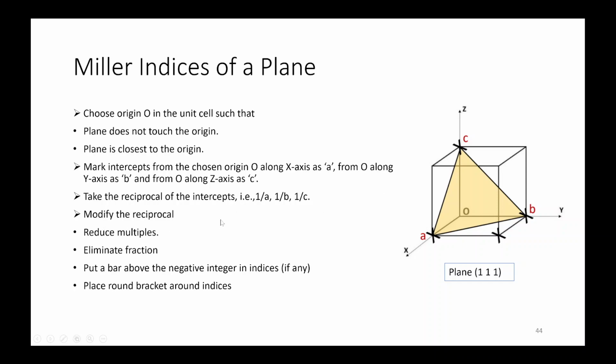And if it is in fractions, for example 1/3, 1/6, then you have to multiply it with something so that all these become integers. Now we put a bar when there is a negative integer, so there will be 1 bar in case of -1. Then we place a round bracket around the indices. If it is a round bracket, then it is a single plane.